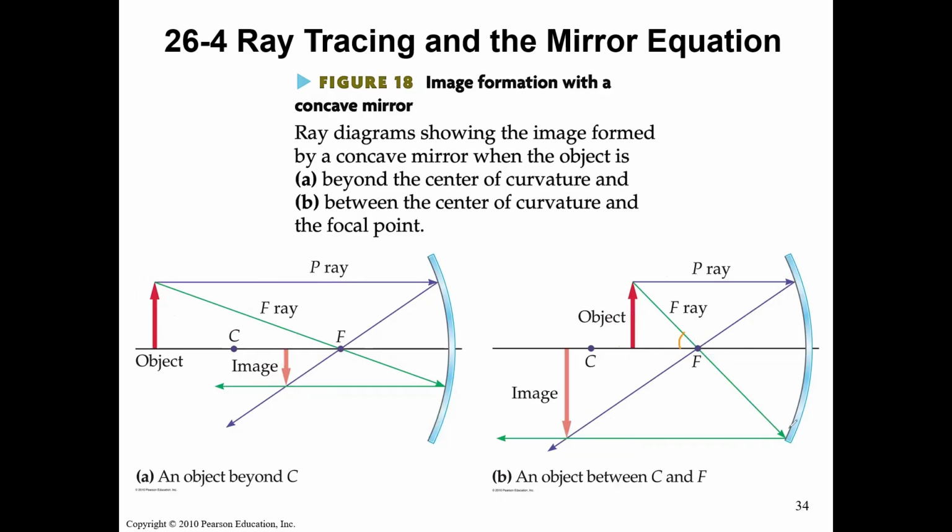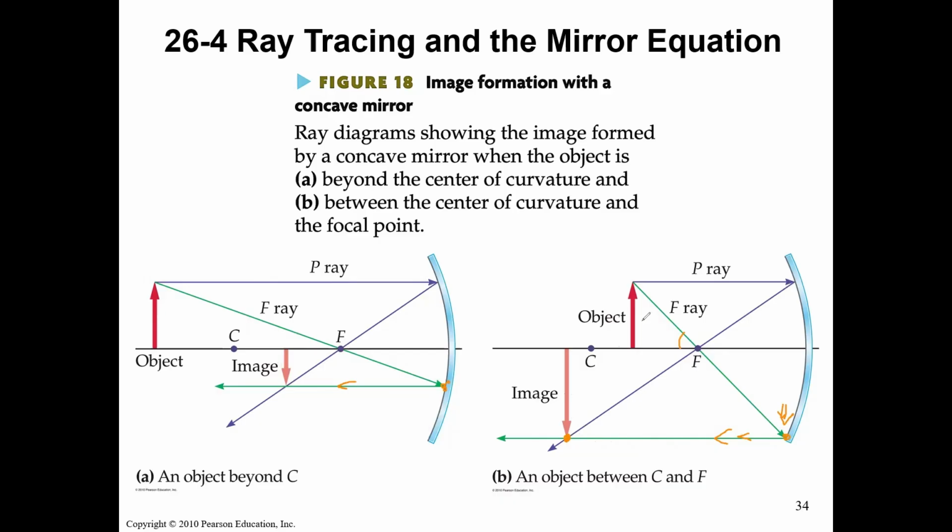And it will hit the mirror at a point that is much lower, and then it will be reflected from the mirror at a point that's much lower. Okay, so if we consider this reflected green light, it will cross the fixed blue light at a position that's even lower. So which means that the image will get larger.